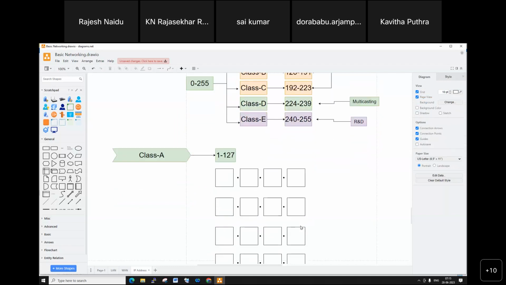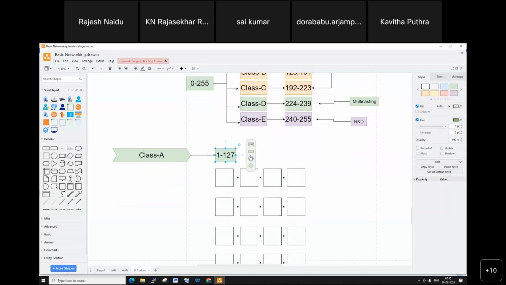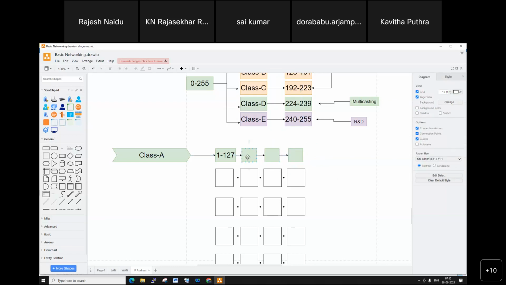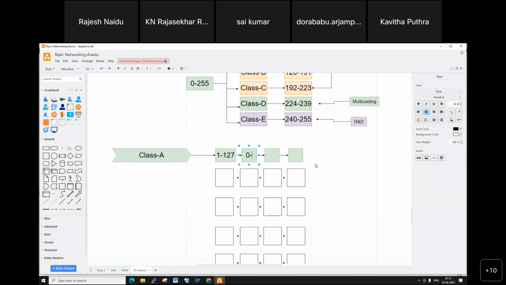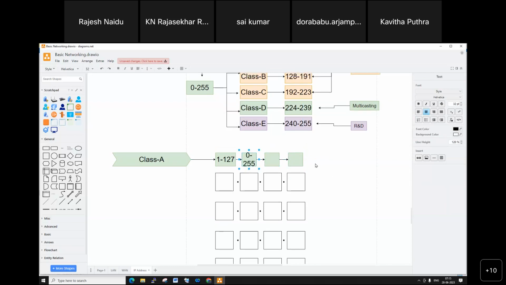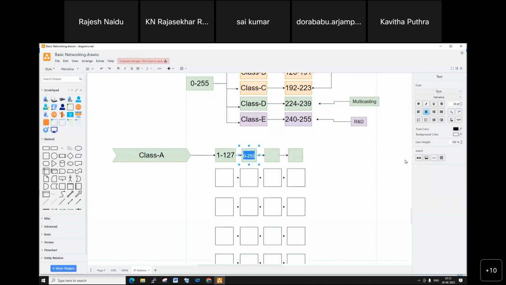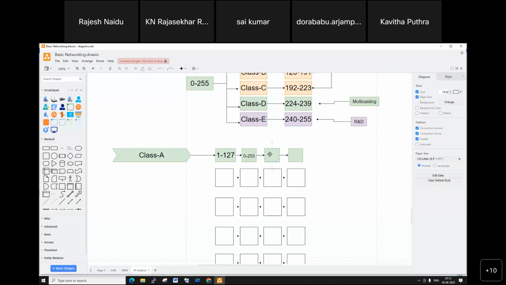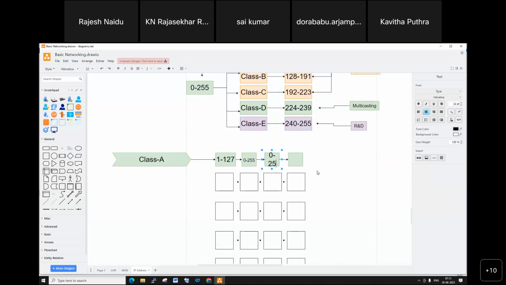The remaining octets are empty. Empty means what? Between 0 to 255.